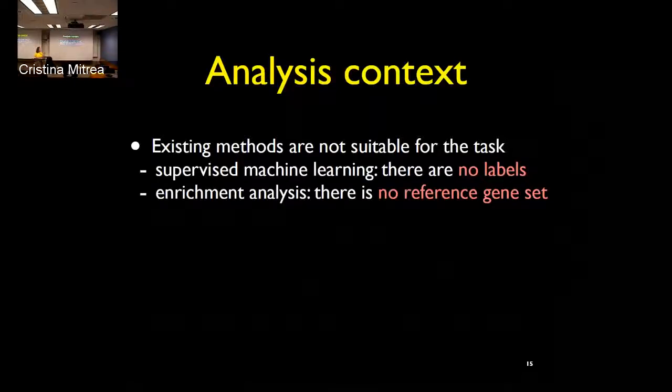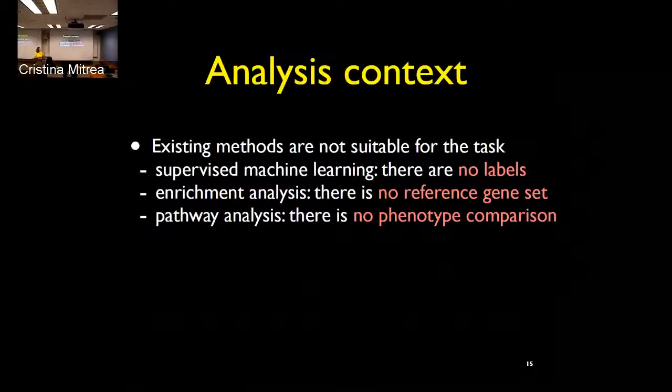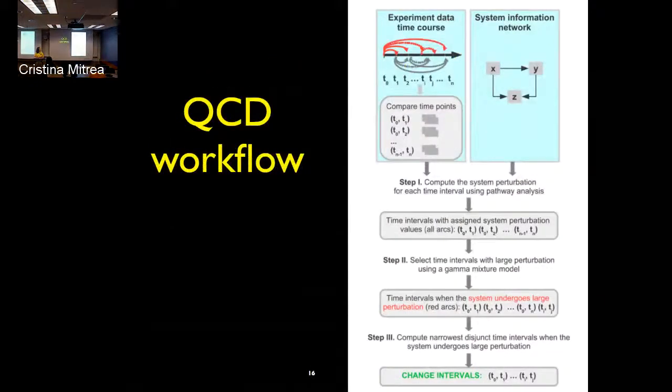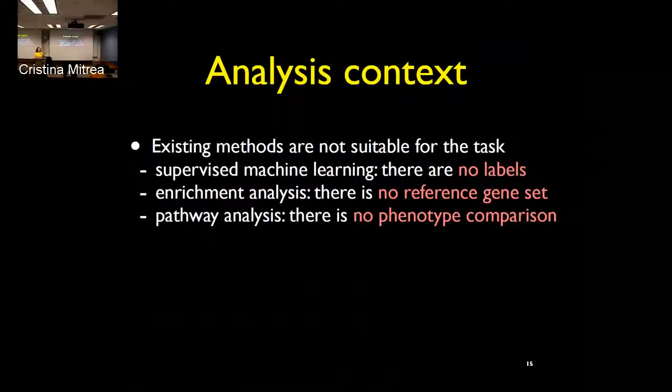To use enrichment analysis, there is no reference gene set in this case because we have just time course. To do regular pathway analysis, there is no phenotype comparison. Again, there are no labels to compare. So how would we do this? Existing methods are not suitable as they are to answer this question.